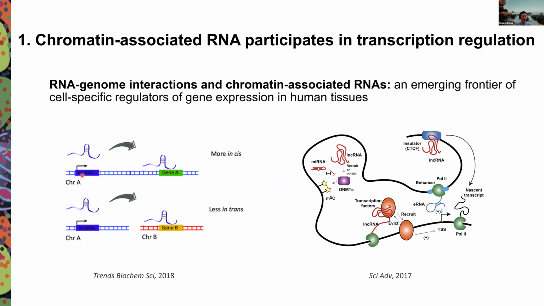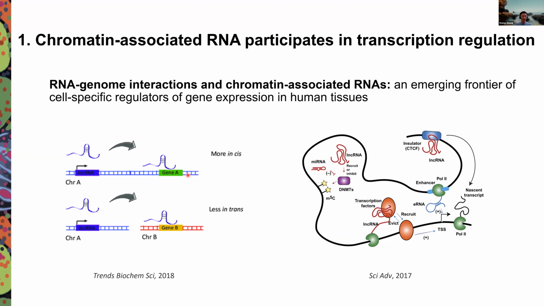So for the first type, chromatin-associated RNA, these RNAs are transcribed from one gene, and they sometimes travel and attach to another gene on the same chromosome, and sometimes they travel and attach to the genomic sequence of another gene on a different chromosome and mediate transcription regulation.